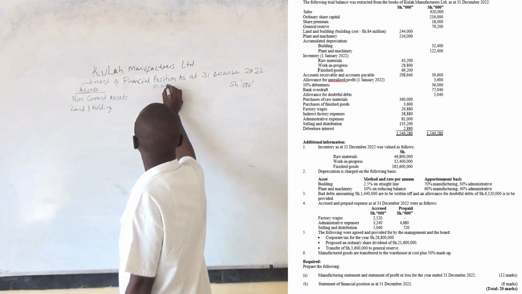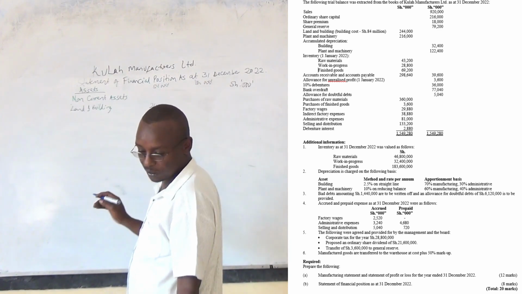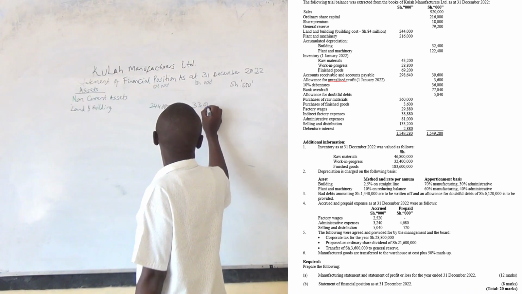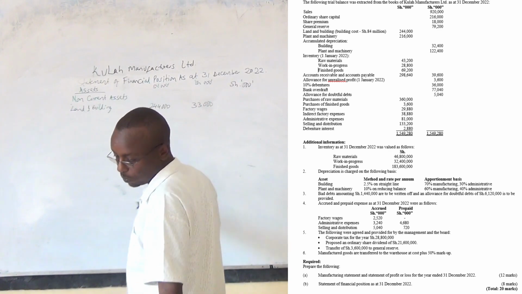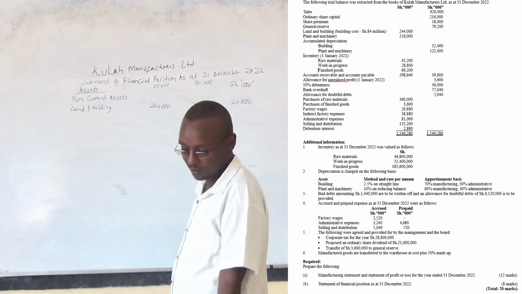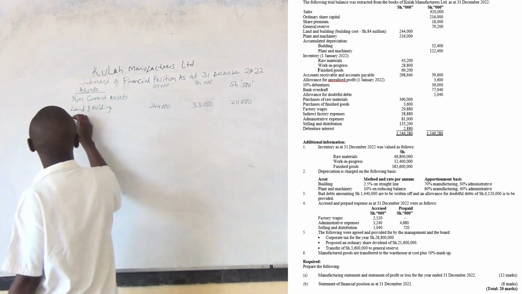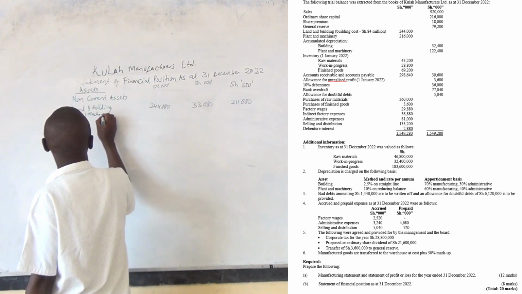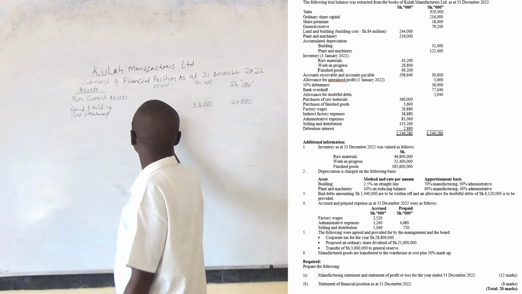Shillings 1,000. Cumulative depreciation 33,000. The net book value 211,000. Then we have plant and machinery. Plant and machinery has a cost of 216,000.